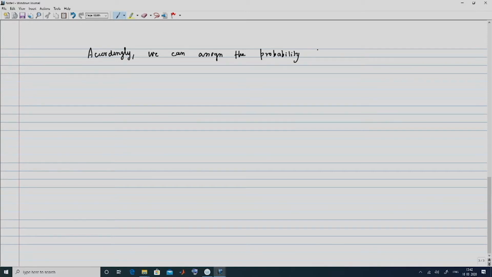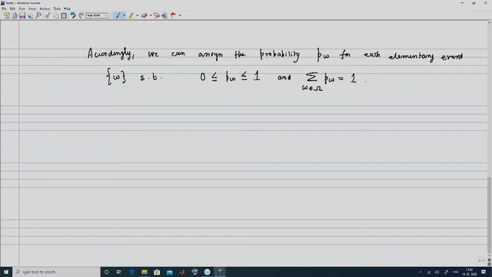So, we can assign a probability which we will denote by p subscript omega for each elementary event omega, such that it obviously satisfies the property that it lies between 0 and 1 both inclusive, and the summation of p omega equal to 1, where omega belongs to the sample space big omega.